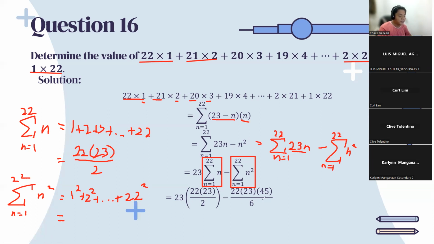And then you have this formula for n squared. I'm just going to write the formula: n times n plus 1 times 2n plus 1 over 6, if you don't remember these formulas. Okay. So you have 22 times 23 times 45 divided by 6.